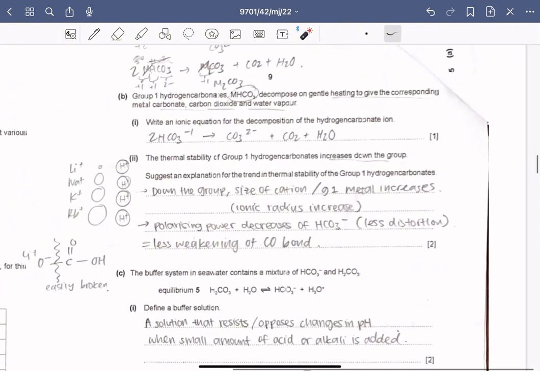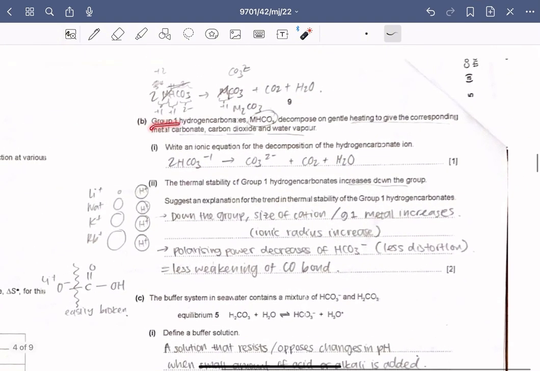Okay, next question. B. Group 1 hydrogen carbonates MHCO3 decompose on gentle heating to give the corresponding metal carbonate, carbon dioxide and water vapor. So this question has itself told you the products of the reaction. So write an ionic equation for the decomposition of the hydrogen carbonate ion. So it says ion. So MHCO3, you have to split it into two.